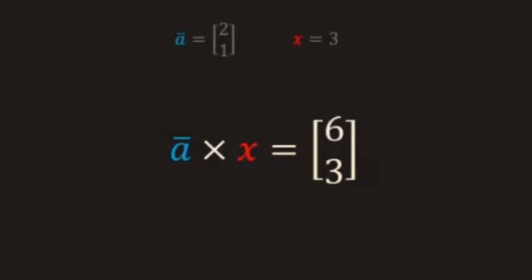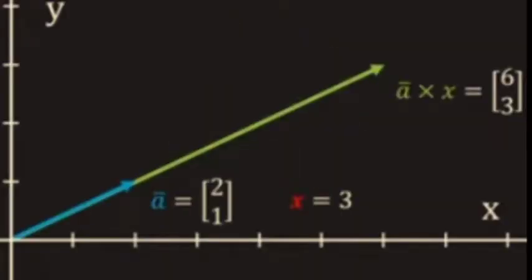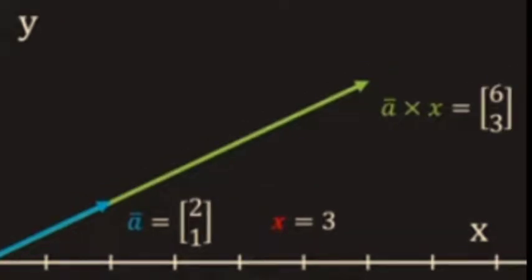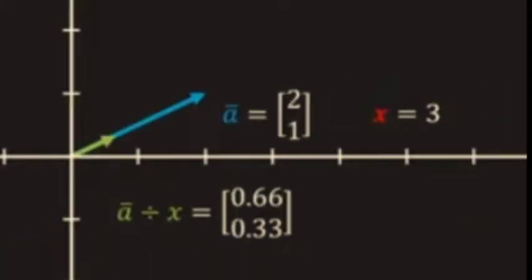And that is equal to 6, 3. So if we're going to graph the vector, we notice that its original length has been tripled. And if we're going to follow its tail from the origin up to its head, that is at the point 6, 3.